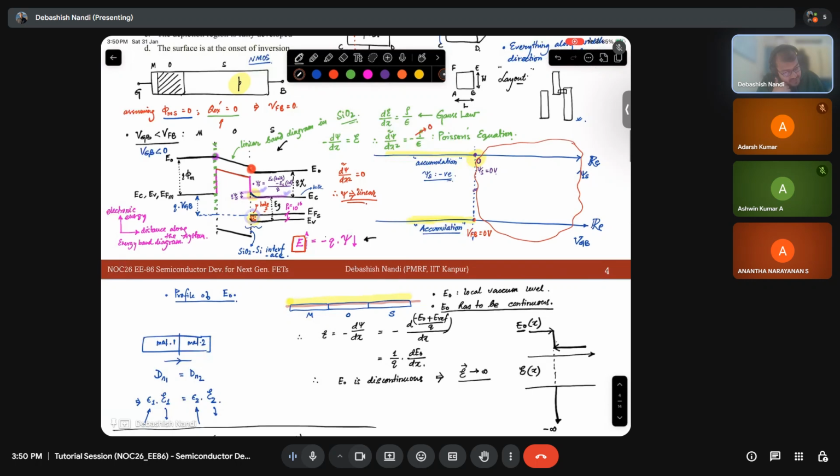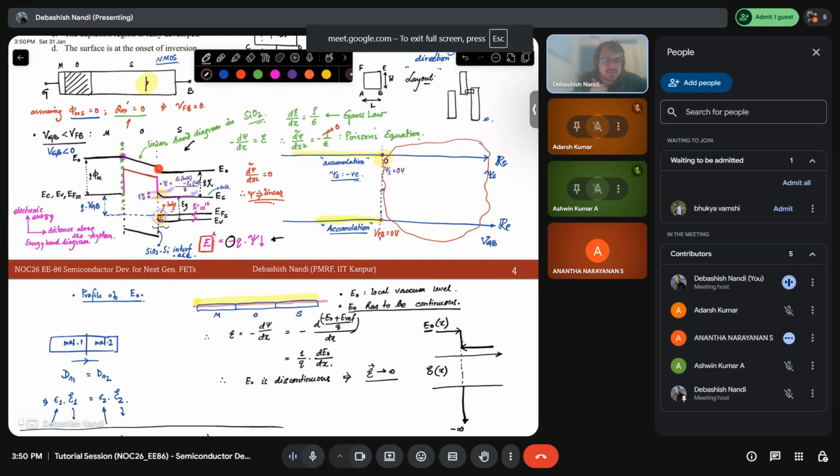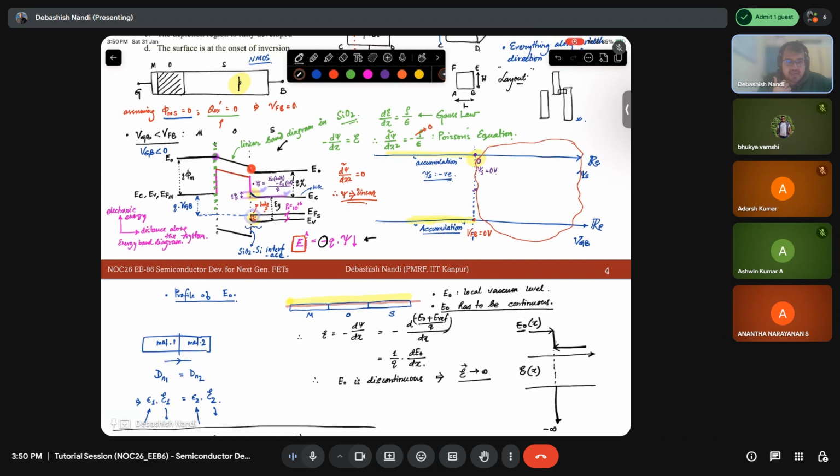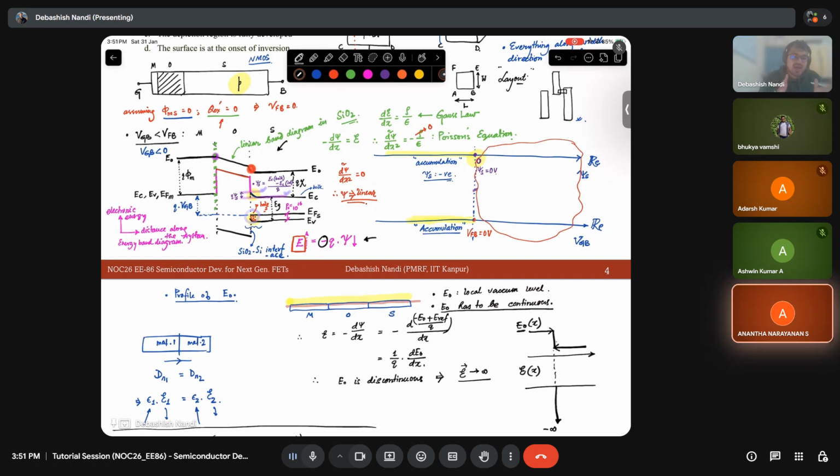Note this negative sign. That is what I was discussing a couple of minutes back, right? If you apply positive potential, your energy bands go down. If you apply negative potential, your energy bands go up, because we are concerned with electronic energy. So now I am applying positive potential at the gate.